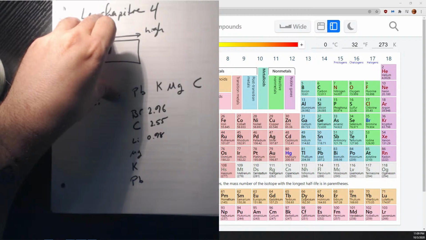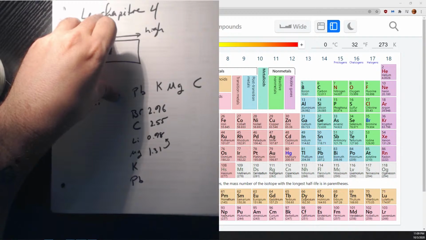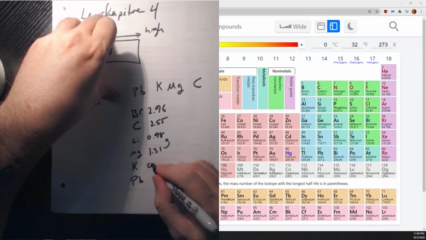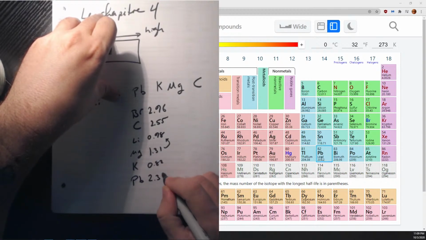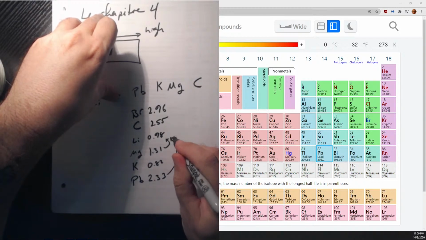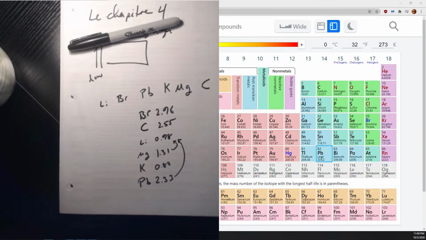Magnesium, 1.31. Oh, I got that wrong. So magnesium should go up. Potassium, 0.82. And then lead, 2.33. Oh, wow. So lead goes higher. It looks like taking a step to the right makes more of a difference than taking a step down on the periodic table.